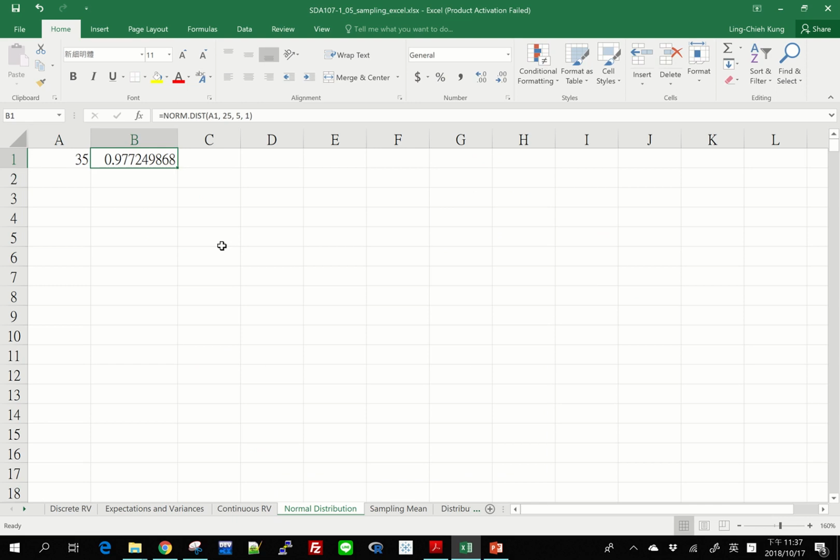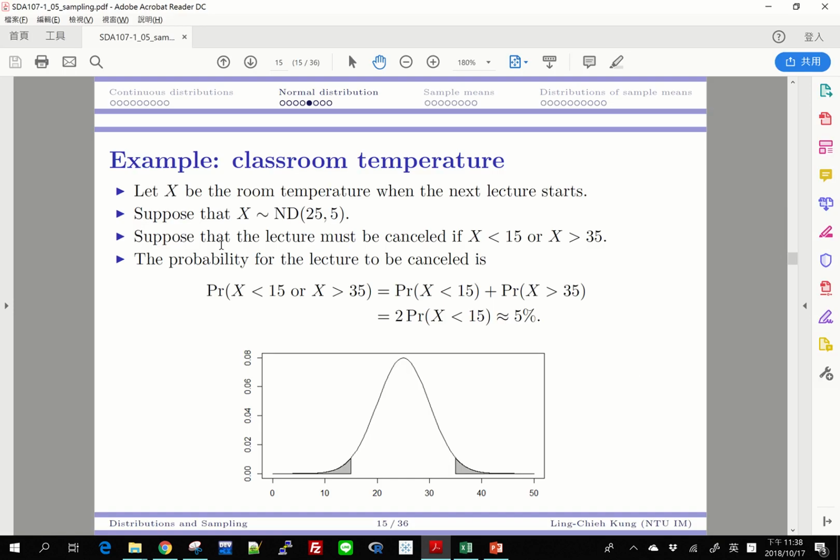This is the probability for x to be less than or equal to 35. So if I want the probability for x to be greater than or equal to 35, I should do 1 minus this one. Okay, it's again 2.3%.